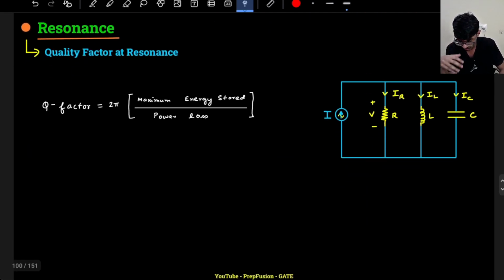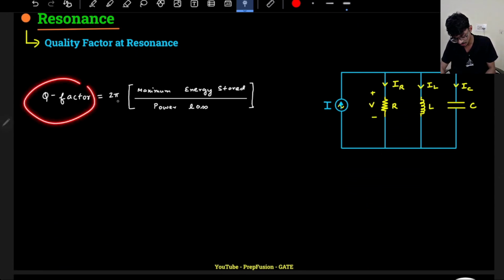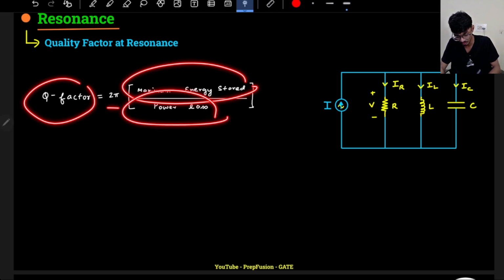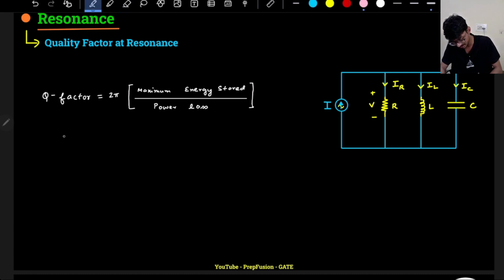Now let's do this quality factor derivation again. Same condition: quality factor is 2 pi times maximum energy stored divided by power loss. I'm simply using this formula. Again, what is the current IR of t at resonance? At resonance, what is the current through the resistor?